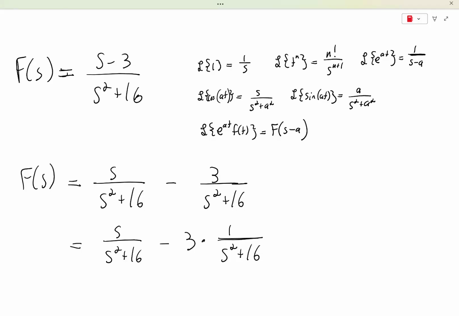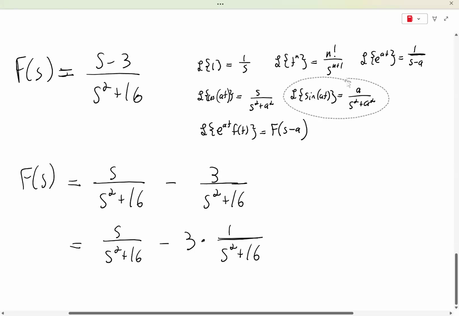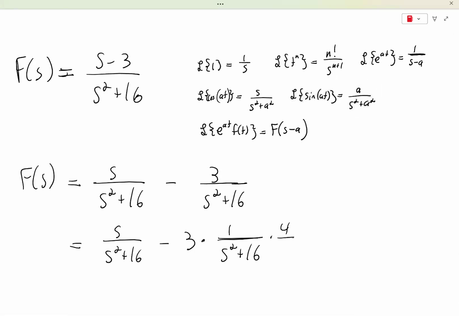Okay, so I got this. Now, in order to make this one work, what do I have to have up here, if I'm going to be using this one for the other part without the S in it? Looking at this, it has to be a 4, but I have a 1 there. So you multiply by 4, because you have to get a 4 up there. It's a little tricky thing.